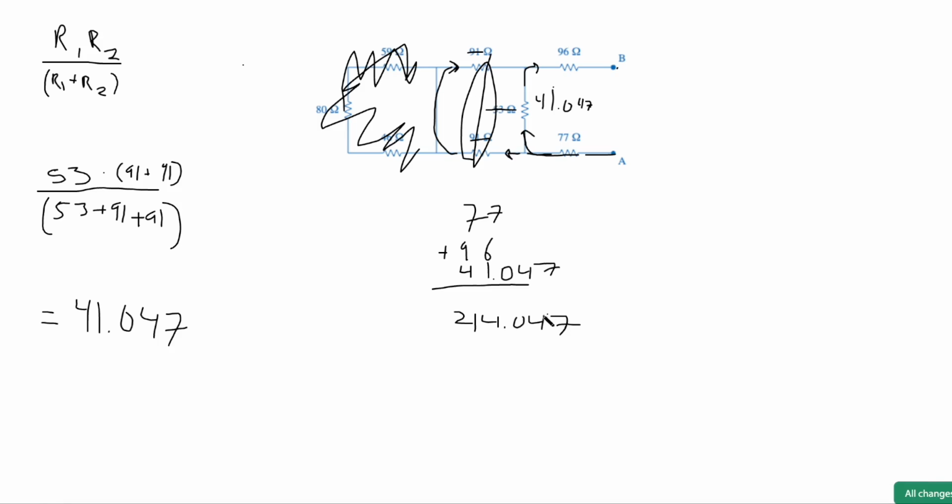I still got it correct. I just had a lot more rounding stuff. But this is the ultimate answer for this equation. All of these resistors are equivalent to 214.047 ohms of resistance. Thank you for watching, and I hope I helped you out, I guess.